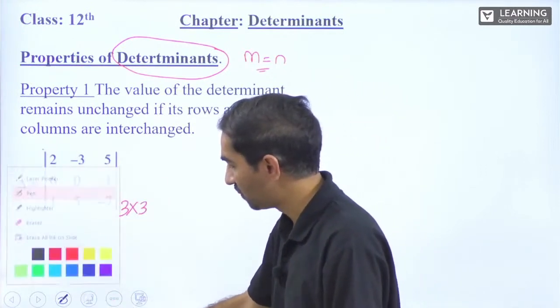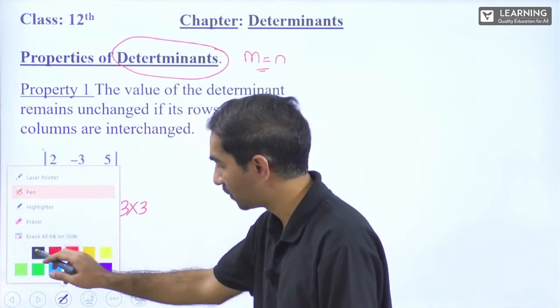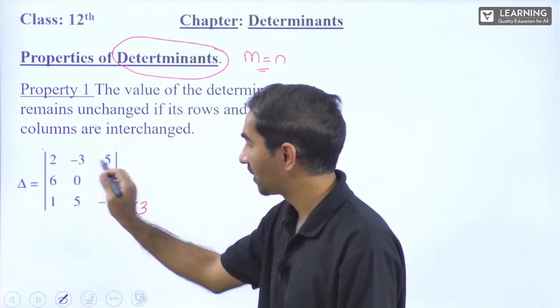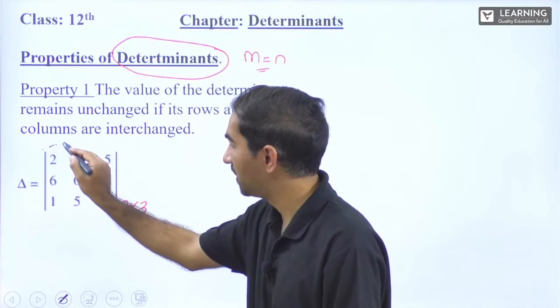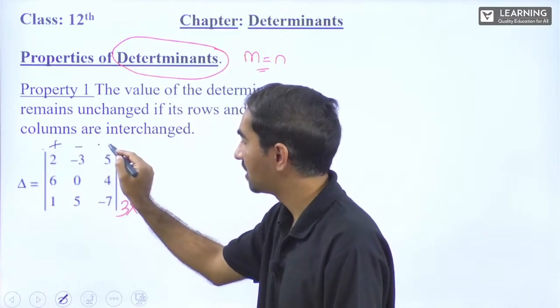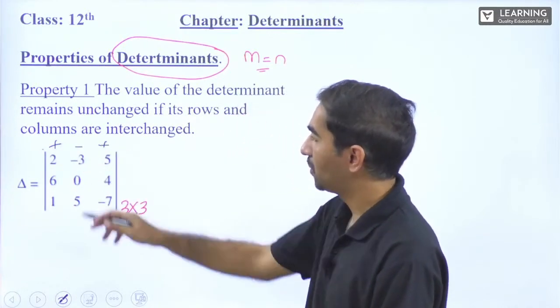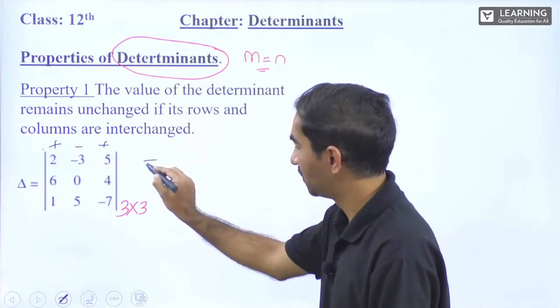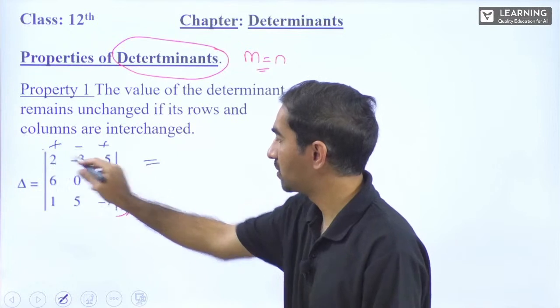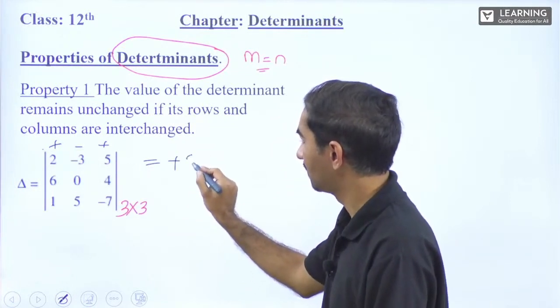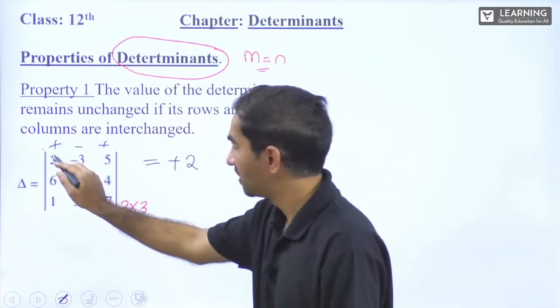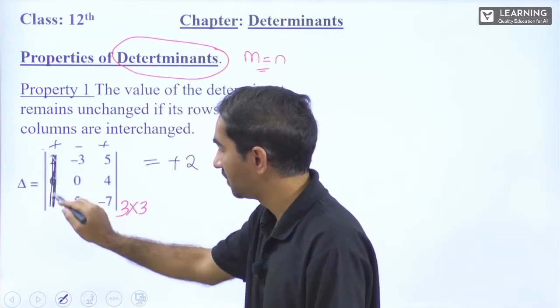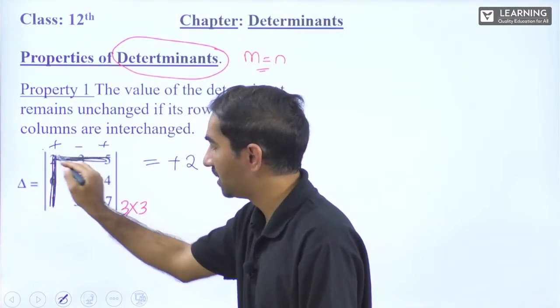Before we start with that, we have to write the cofactors here. We'll write the cofactors of the very first row, so that will be plus, minus and plus. What would be the value of this determinant? Starting from here, plus 2. What will happen here, students? The 2's column and the 2's row will get eliminated.